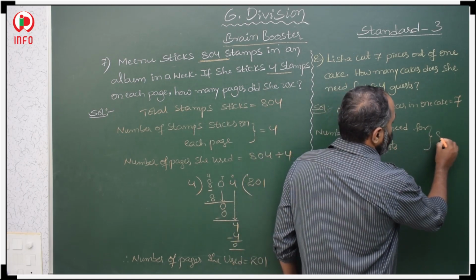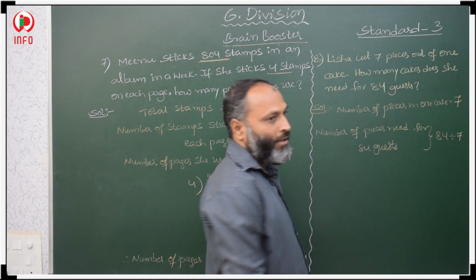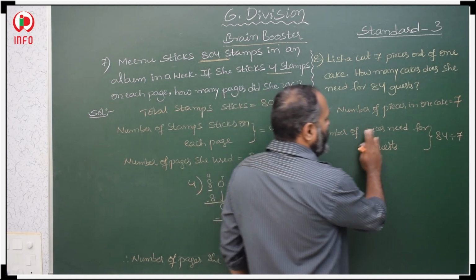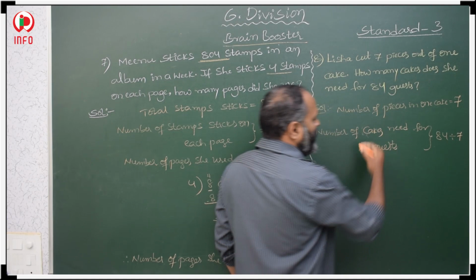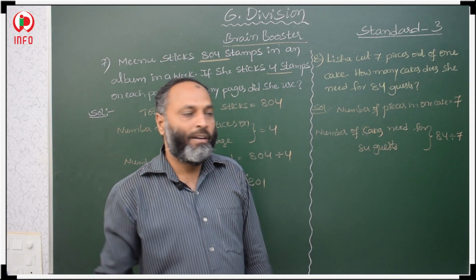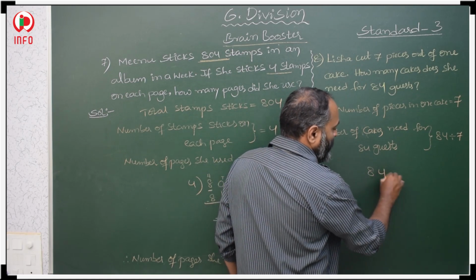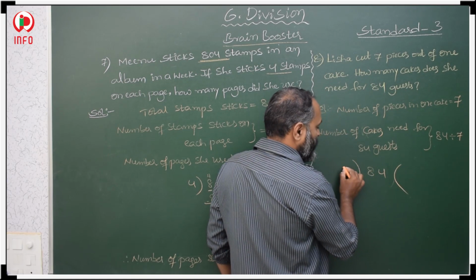That is, this 84 we have to divide by 7. Here it is not the number of pieces but the number of cakes. Number of cakes needed for 84 guests. Then 84 divided by 7.